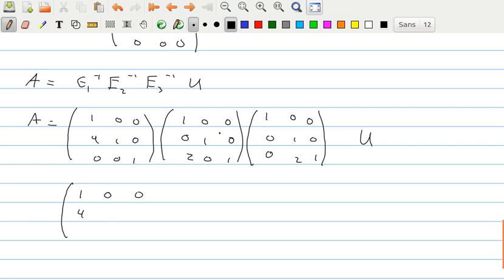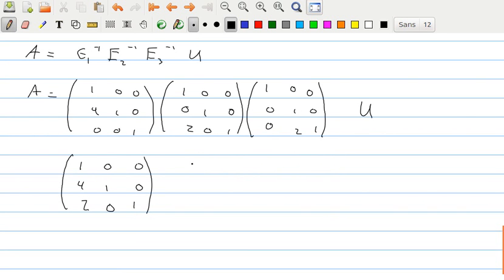Second row times second column, we get a 1. Second row times third column, we get a 0. Now for the bottom row. We take the bottom row times the first column, we get a 2. Bottom row times the second column, we get a 0. Bottom row times the third column, we get a 1.